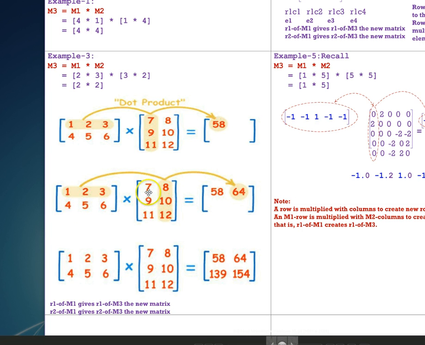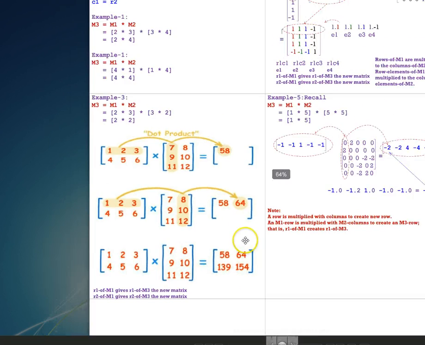Then when you multiply this row into that column, you get this element, and this row into that column gives you the fourth element. So the resulting matrix from a 2 by 3 and a 3 by 2 is a 2 by 2 matrix.